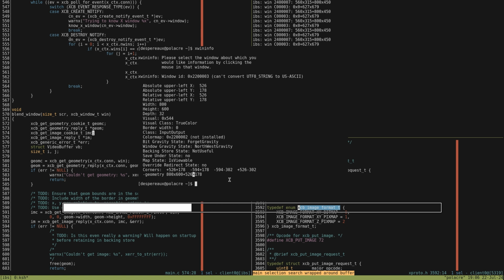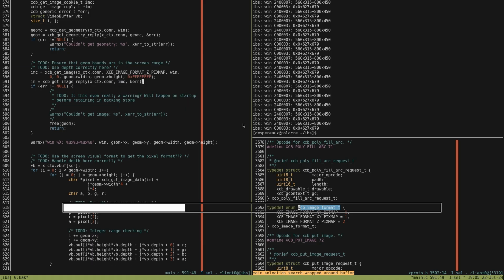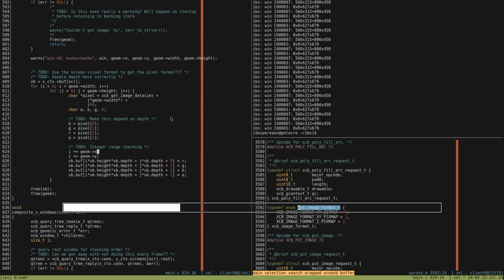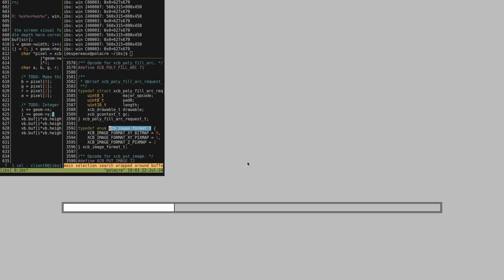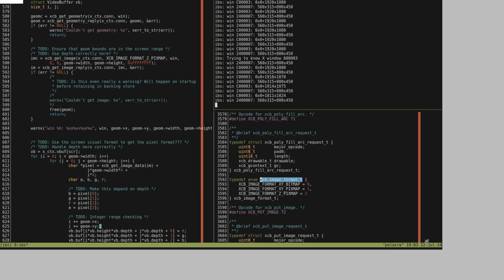So pretty early, we have both windows there. Okay, we have both windows.